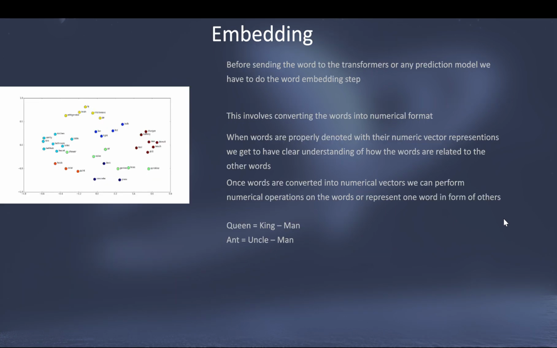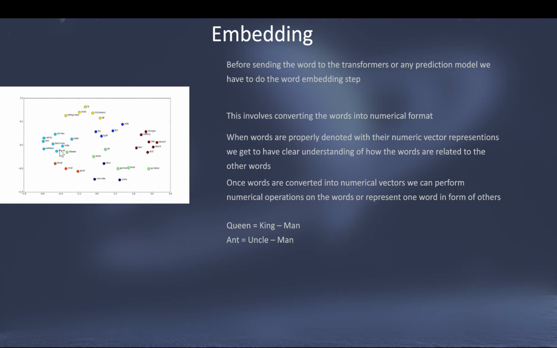So let's begin. Embedding will be a numerical representation of a word. If embedding is done correctly, then one word's numerical representation can be expressed in the form of other words. Like here, we have queen is equal to king minus man. So the numerical representation of king minus the numerical representation of man can result in the numerical representation of queen. That kind of matrix calculation can be done if it is done properly.